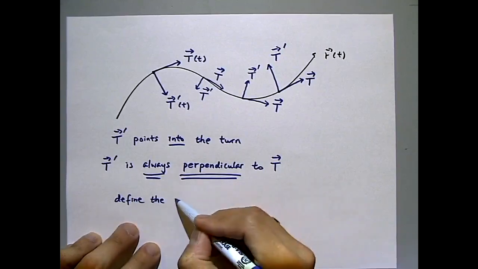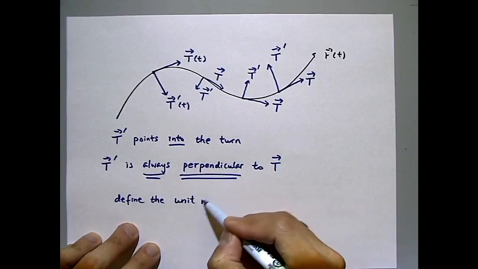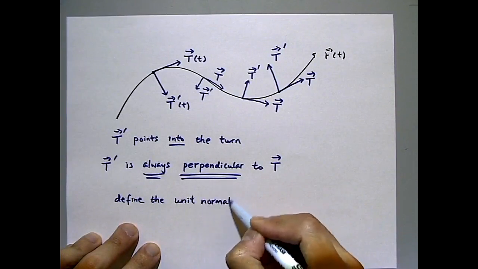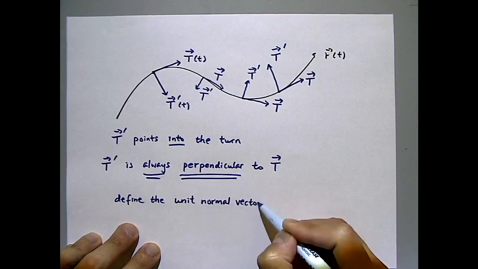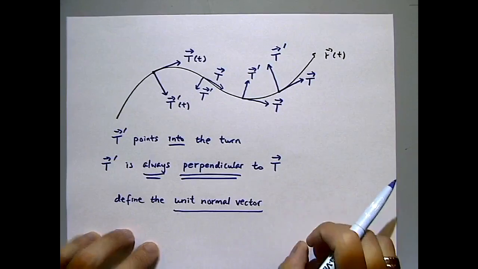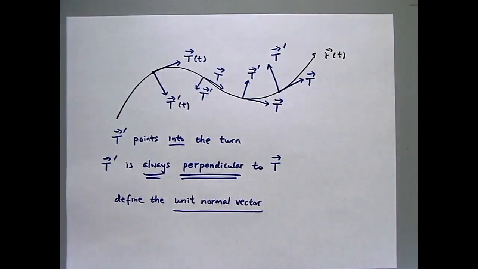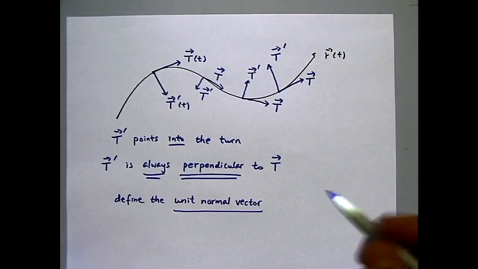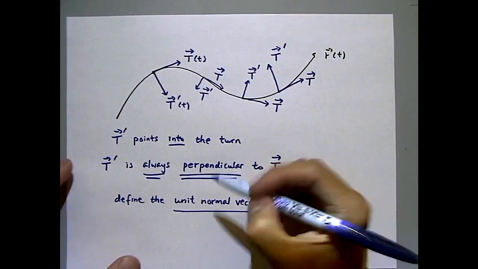So let's define what's called a unit normal vector. The word normal in a lot of mathematical contexts means perpendicular. And that's a short word, so maybe we'll use normal a lot.